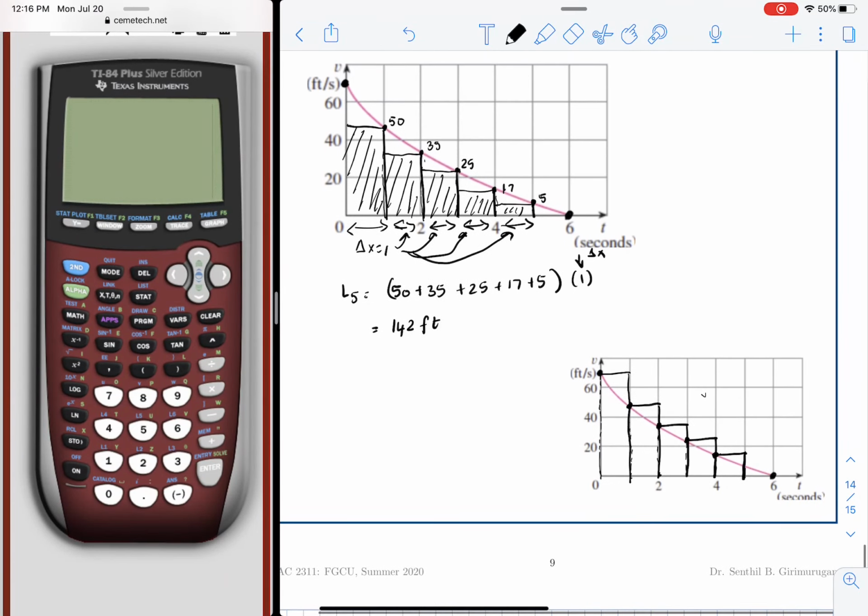And each of those points, right there, it's probably about 70. We have that to be 50, 35, 25, 17, 5 and 0.